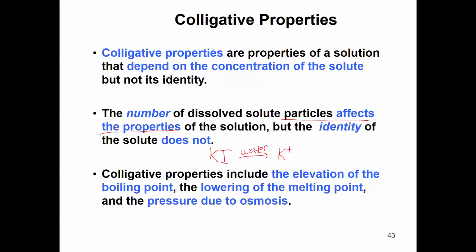Remember it's in group 1, so it has a +1 ionic charge. And iodide is a halogen, so it has a -1 charge because it wants to gain 1 electron. So from 1 mole of KI, we have 2 particles present in our solution. I want you to think about this as we move through this topic.